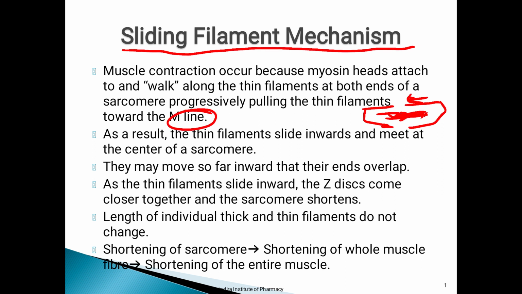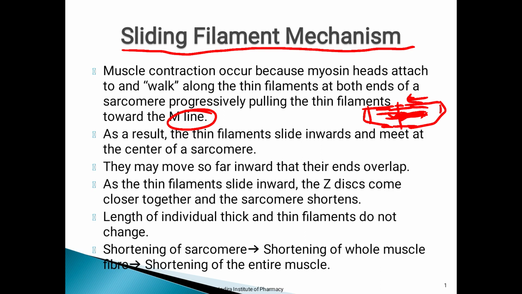As a result, the thin filaments slide inwards and meet at the center of the sarcomere. This entire region is a sarcomere. So both these actin filaments will join at the center, that is at the M line.